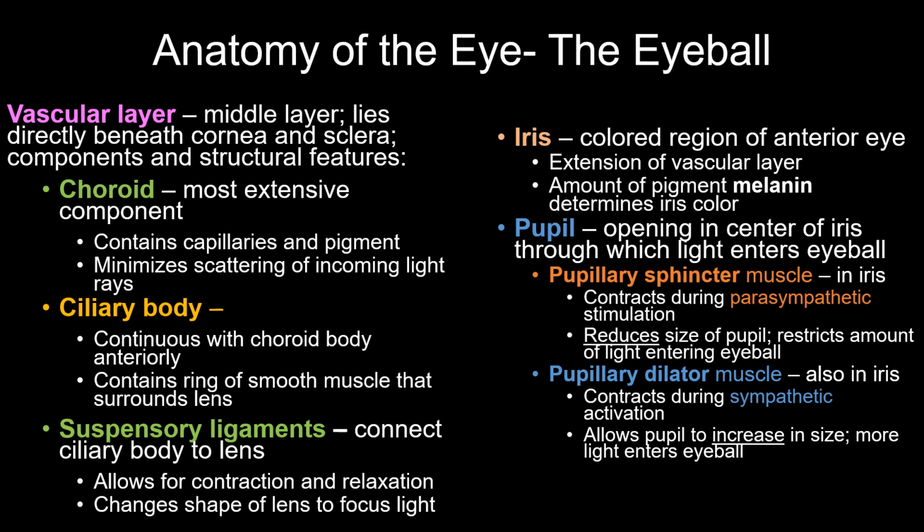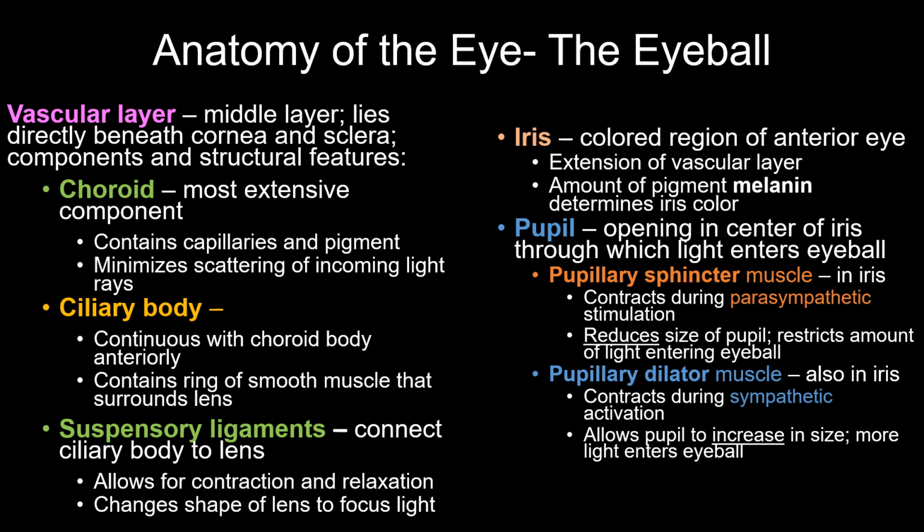The other part you have is the ciliary body, and this is continuous in the front of the eye with the choroid. This is essentially a ring of smooth muscle that surrounds the lens. You can see where they meet at the scalloped edge of this ciliary body, and this structure is known as the ora serrata.